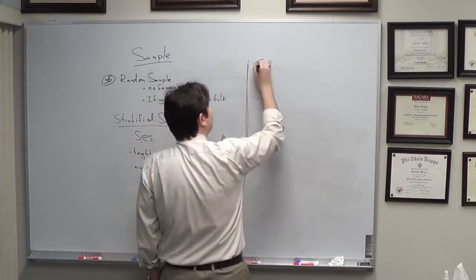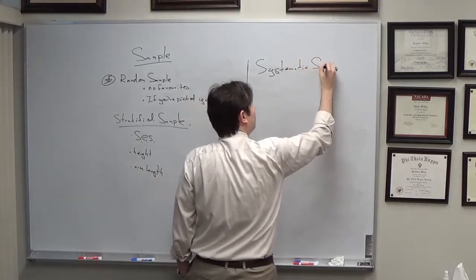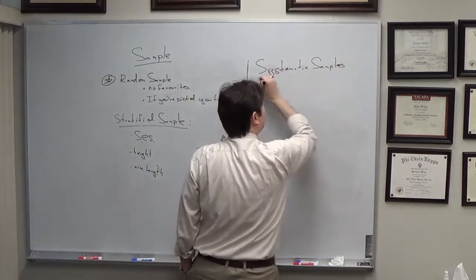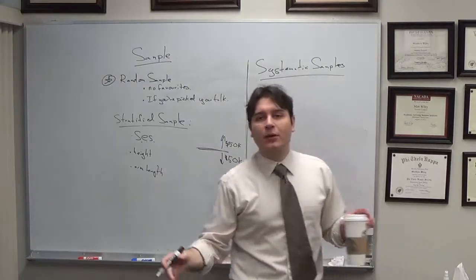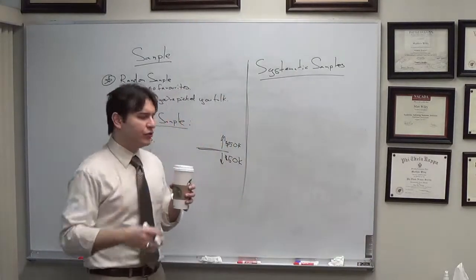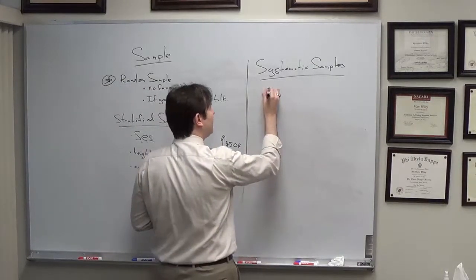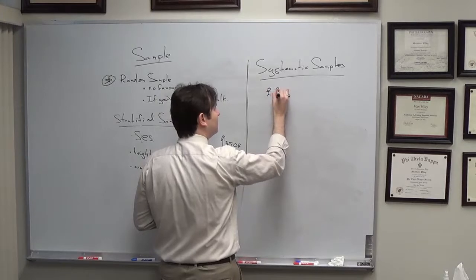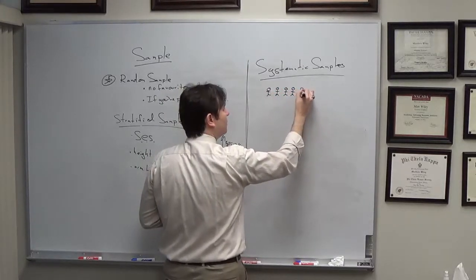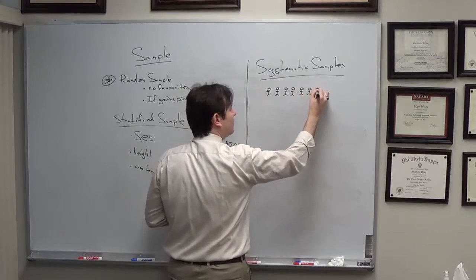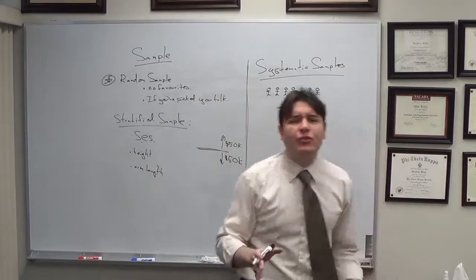You can do systematic sampling. Systematic sampling is when you give everybody a number and you pick everyone after a certain interval. This used to be very popular when you had people lined up in queues. Back in the day, universities loved this.